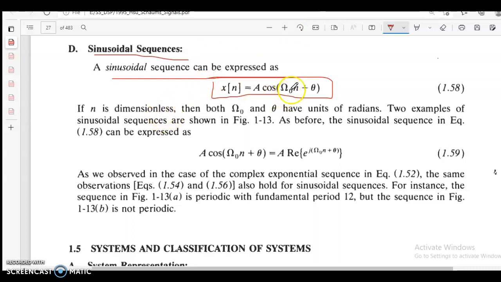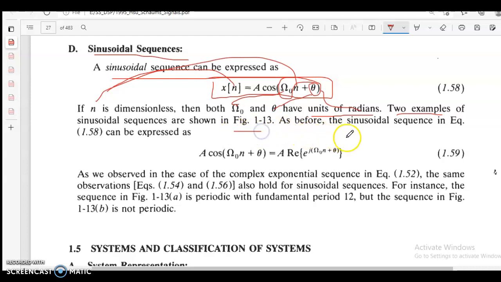If n is dimensionless, then both omega naught and omega naught n plus theta have units of radians. Two examples of sinusoidal sequences are shown as before.